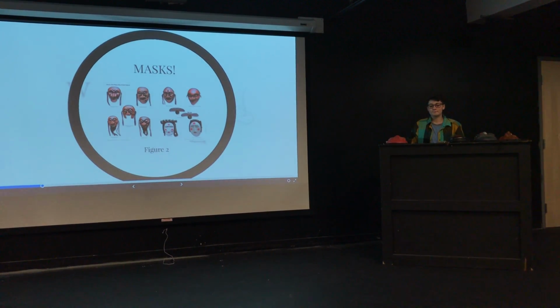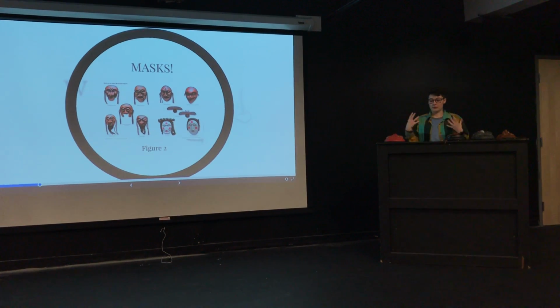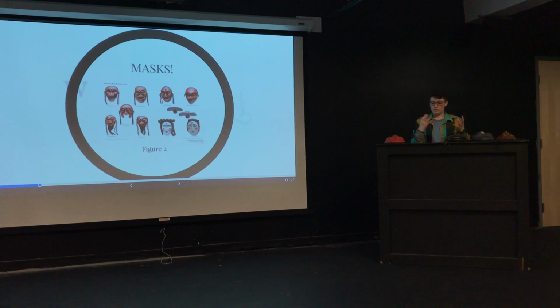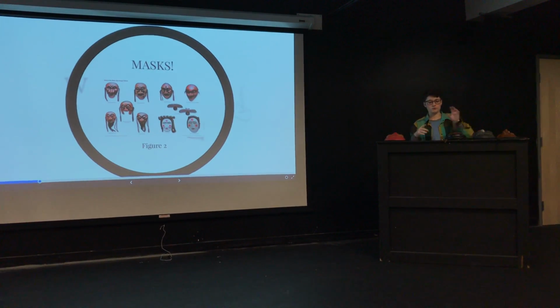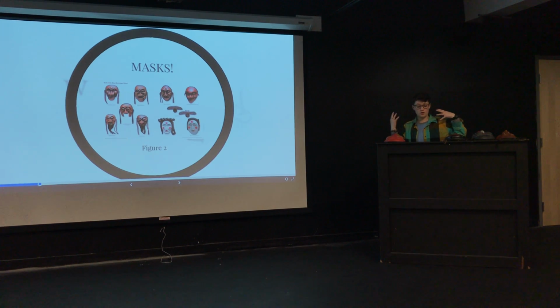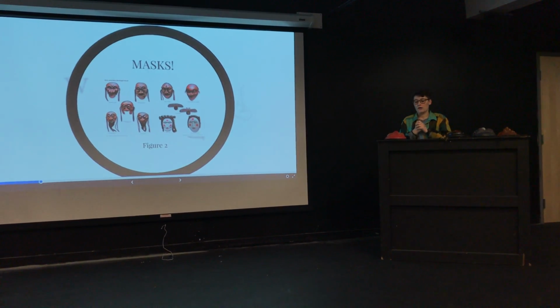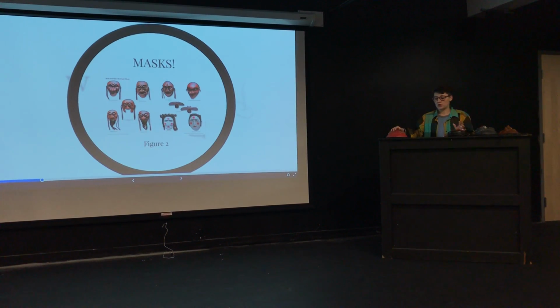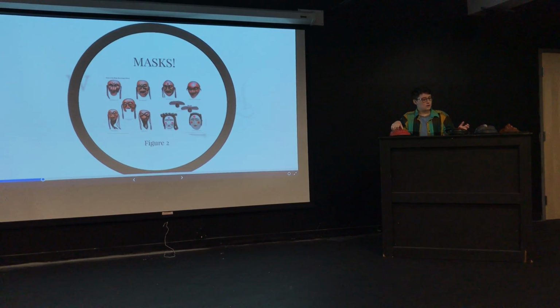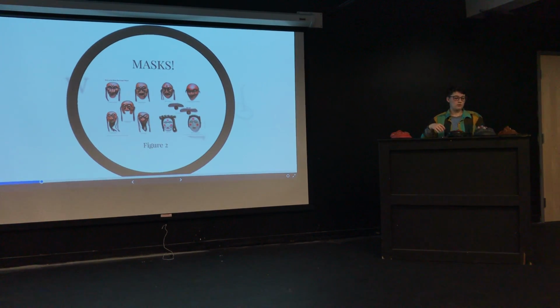So the masks are different for each version of Taochun in the different towns, which I'll be talking about in a second. They are used for different characters, with various colors and shapes, and additions to each mask say something.